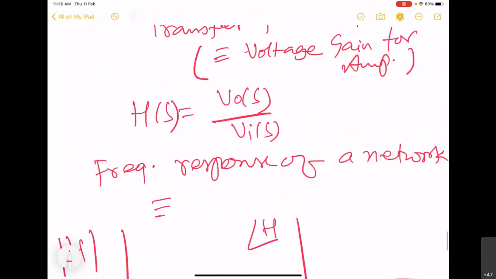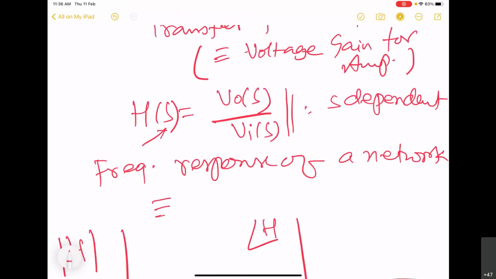Right. So here you can see that the independent parameter is S, which is basically frequency. So in general, this expression is going to be S dependent.